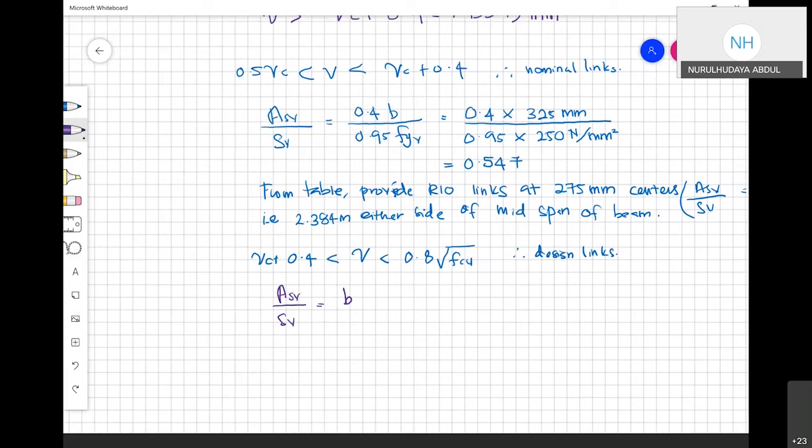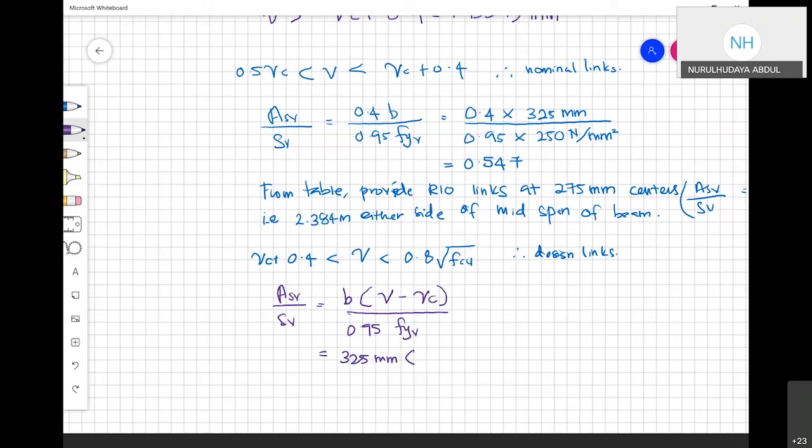V tu biasanya kita pakai kalau kita kira something untuk shear reinforcement, tapi B macam mana pun tak berubah. Masih lagi 325, so kita biar je lah B. Malas saya nak tulis V tu semua bagi confuse je. So V minus VC and divide with 0.95 FYV. So masukkan 325 mm.